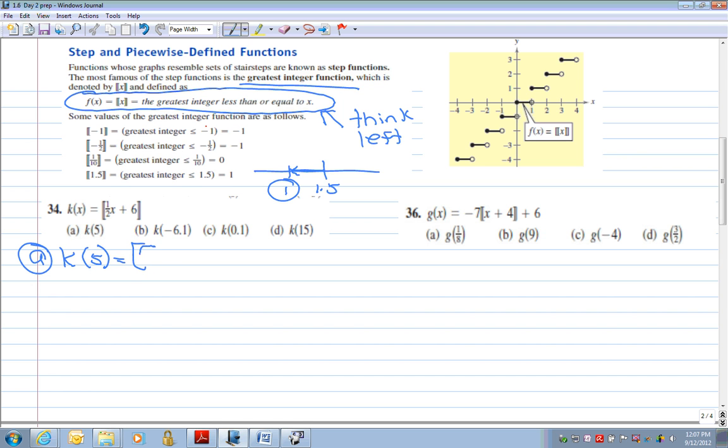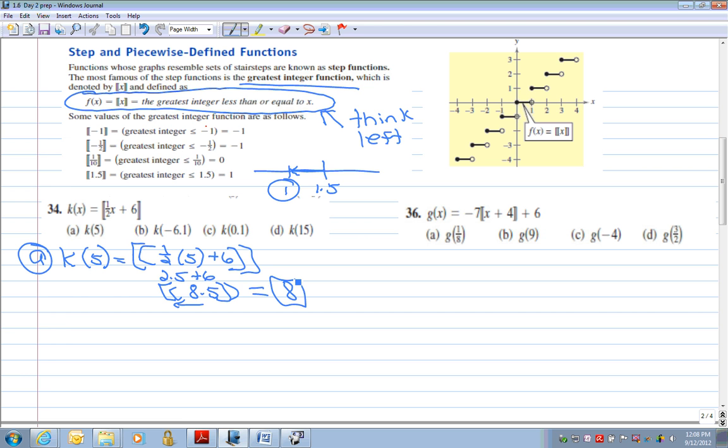That means I have my little double bracket, and I have 1/2 times 5 in for the x, plus 6. 1/2 of 5 would be 2.5, so I have 2.5 plus 6. So I really have the greatest integer of 8.5. And to get my final answer, I think on a number line to the left, and the closest integer to the left of that would be 8, and 8 would be my answer.